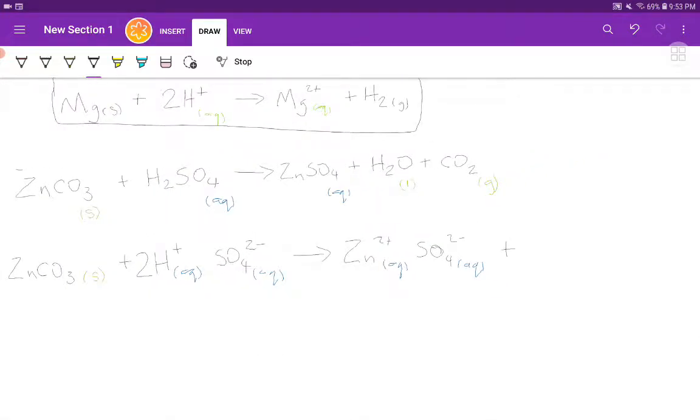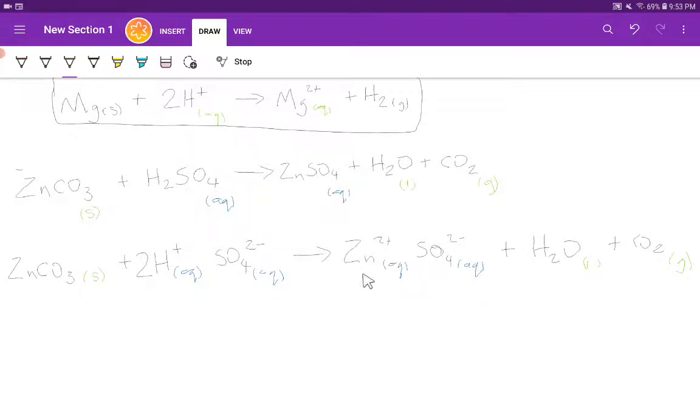Then we have our other products. We have our H2O, which is a liquid, and we have our CO2, which is a gas. So now we have our total ionic equation. We have all the ions that are present in the reaction.